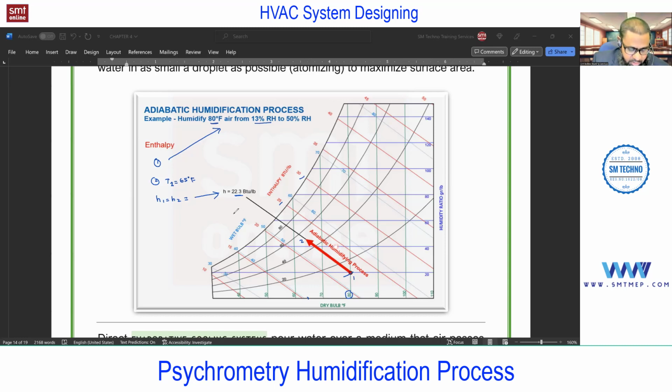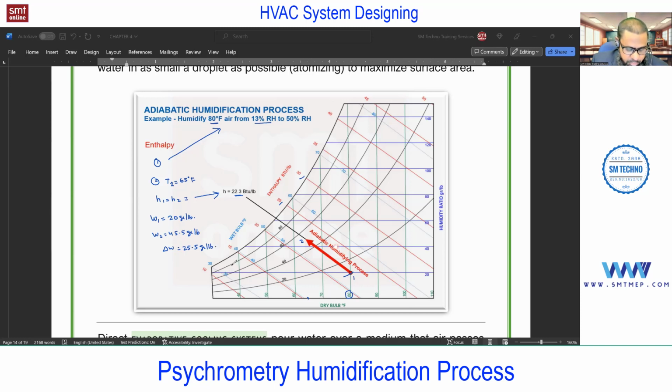Now we'll check the humidity ratio, W1 and W2. W1, you see, is 20 grains per pound. What about W2? 45.5 grains per pound. Delta W I can consider 25.5 grains per pound.